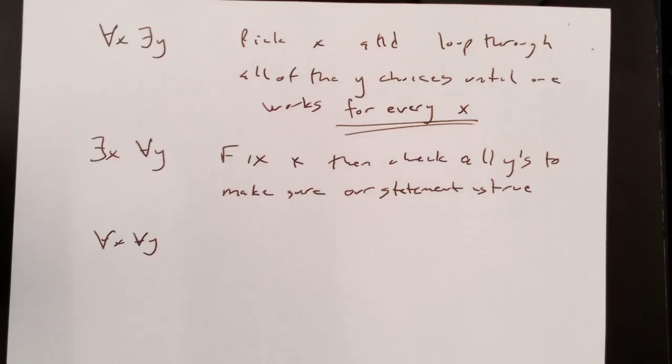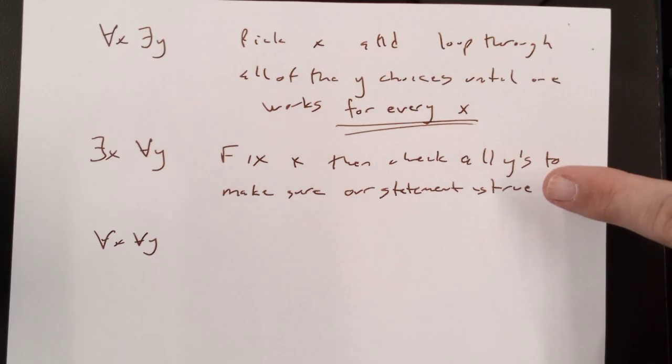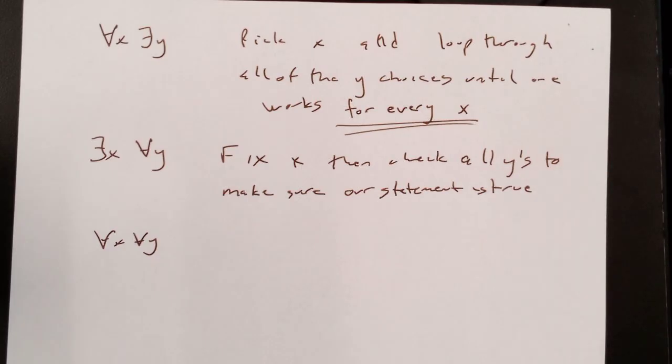So I would do this, but I'd have to do this for each of the X's, right? So I'd start with the first X and make sure I could fill in all the Y's. Move to the second X, make sure I can fill in all the Y's. Third X, make sure I can fill in all the Y's. I have to do it for all the X's. In finite piles of things, this is a giant AND statement. But in infinite piles of things, like real numbers, this is going to be a lot harder to check.